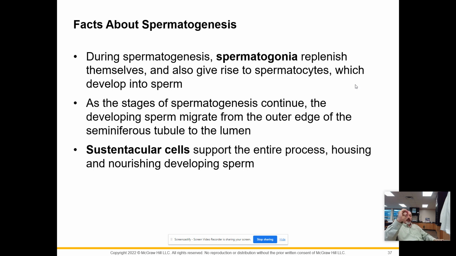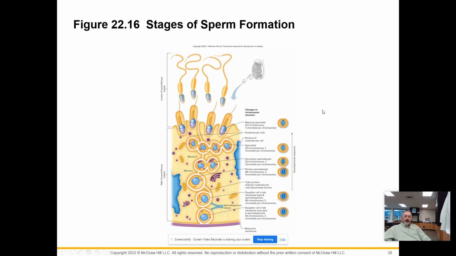The mid region is going to be called the lumen. That's just an opening. The outer side is going to be the most immature cells, giving rise to more mature cells as it moves inward. Eventually, once the cell has come to the point of full maturation, it is in the center part of that lumen. So the sustentacular cells support the entire process, housing and nourishing the sperm cell.